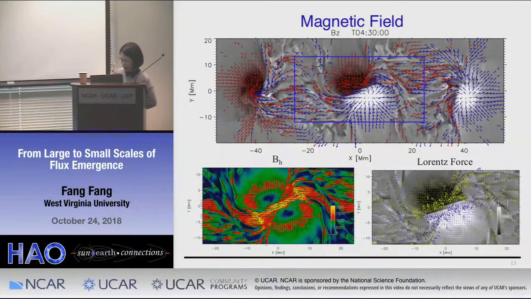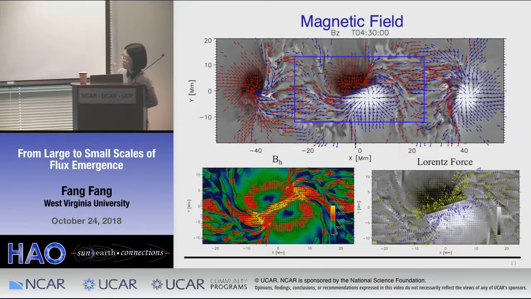So we take a look at the magnetic field on the photosphere. On the top is the Bz component on the photosphere, with arrows showing the horizontal component of the magnetic field. You see that at the polarity inversion line, it is highly sheared, almost parallel to the polarity inversion line. It is not only highly sheared, it is also very strong.